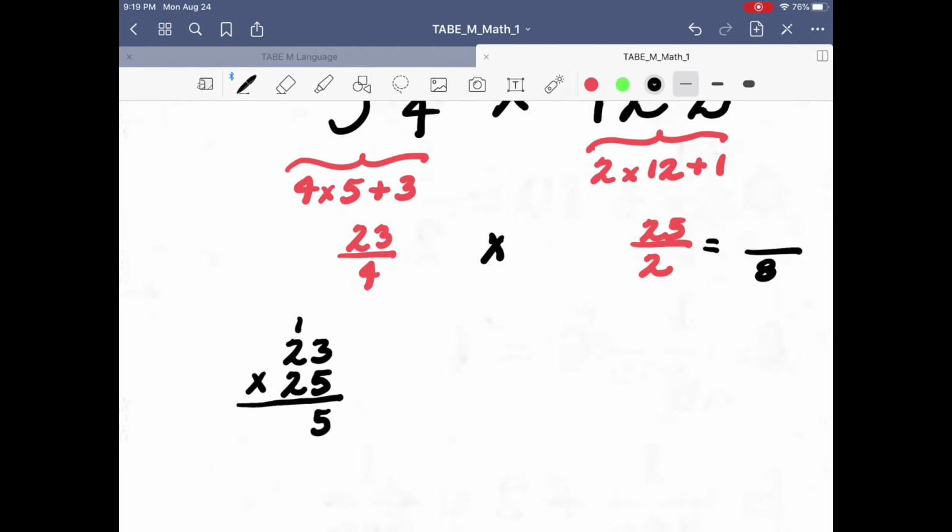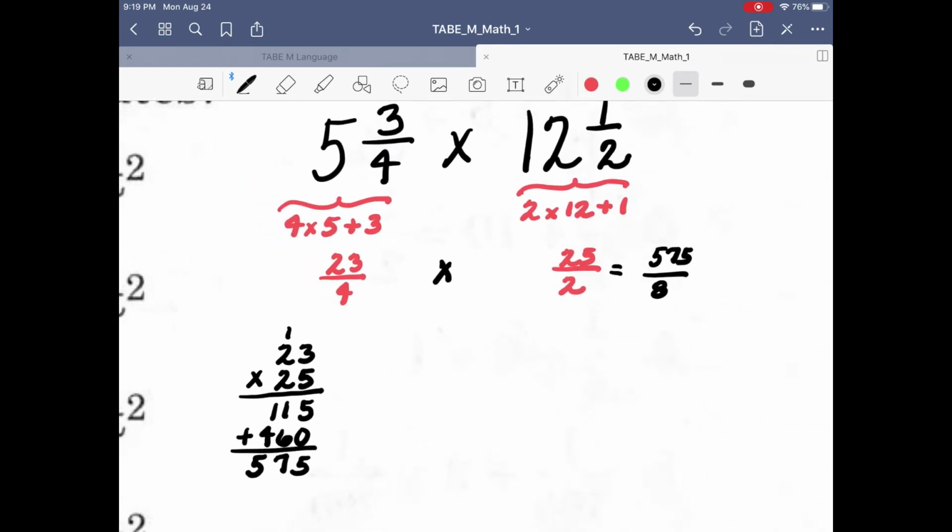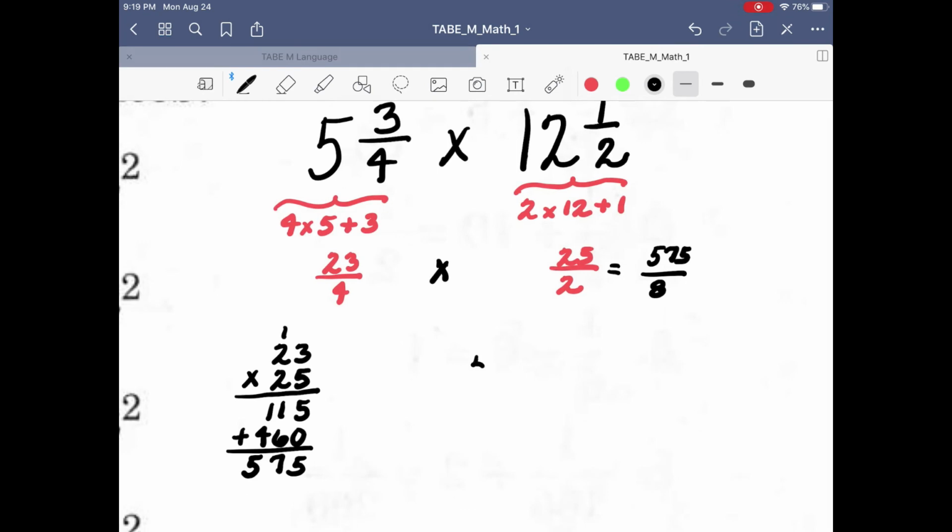And you can pause the video if you need to do this. I'm getting 575. Hopefully that sounds good to you too. That's the top number. And then this is top heavy, so we need to divide it through.